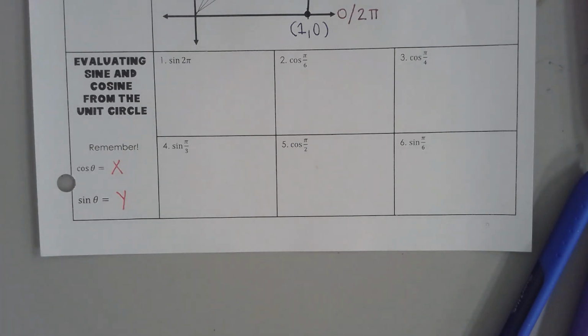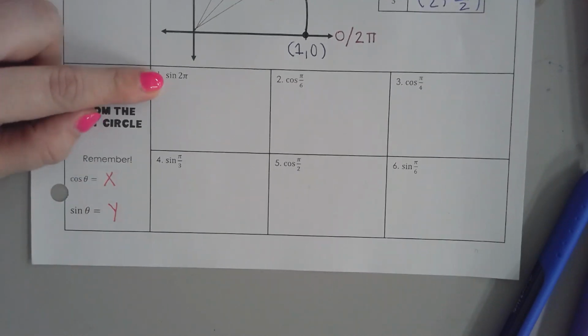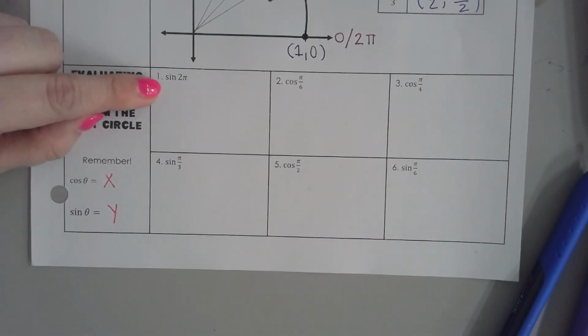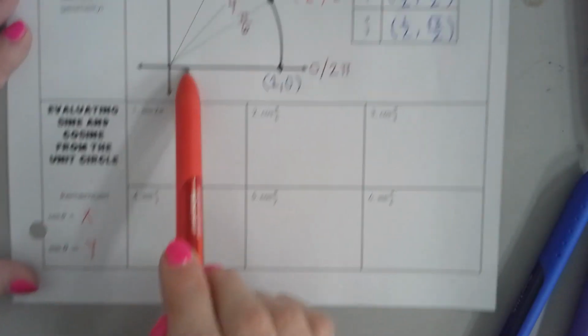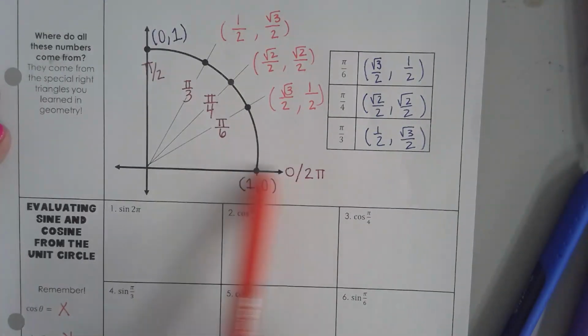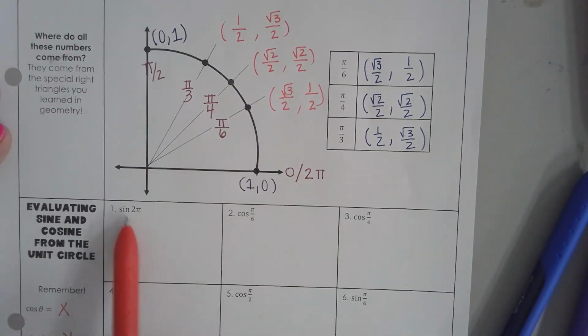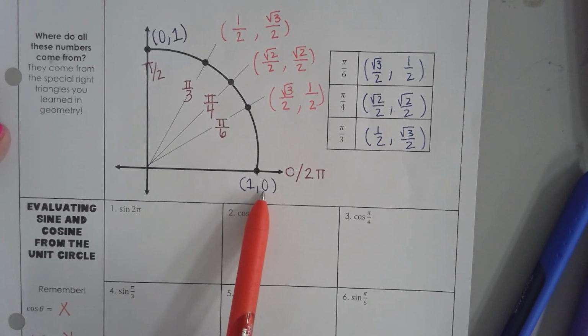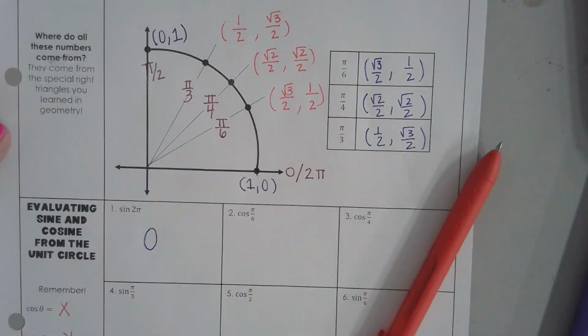And now, instead of me typing in sine of 2 pi in the calculator, I'm going to go to where 2 pi is on my unit circle. So that's this one, 2 pi. And sine is the y value, so 0. So sine of 2 pi is equal to 0.